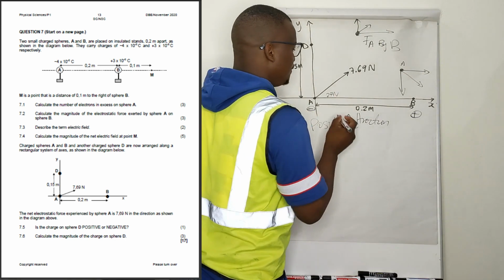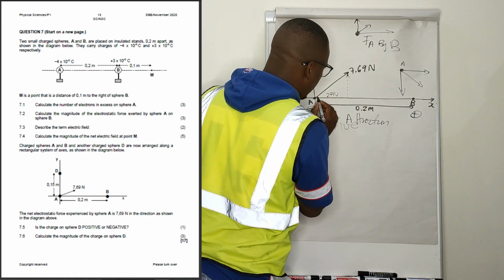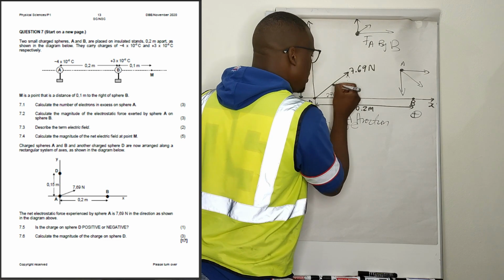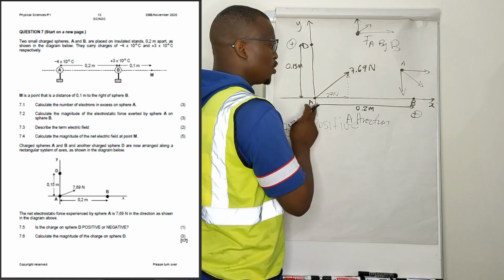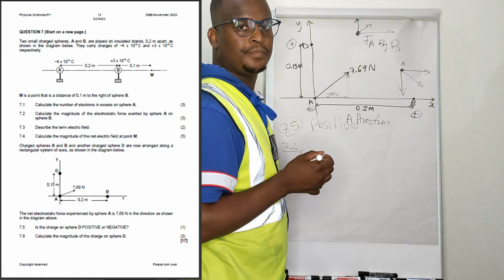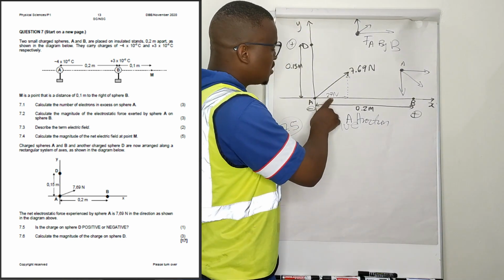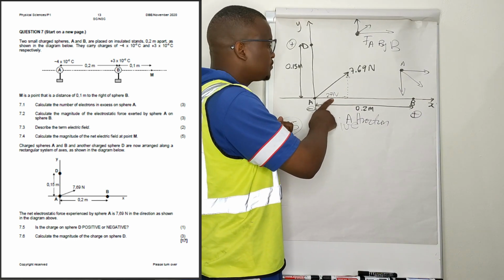We know the horizontal force. We know the resultant force. We want this vertical force here. So we can find this vertical force using Pythagoras theorem, because we calculated this in the first question to be 2.7 newtons.